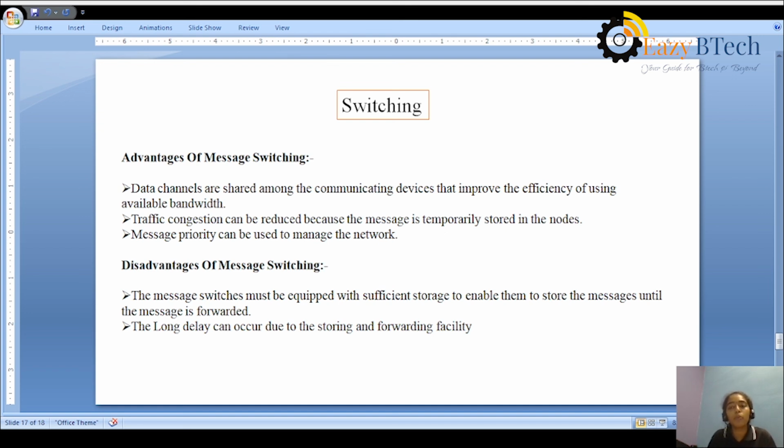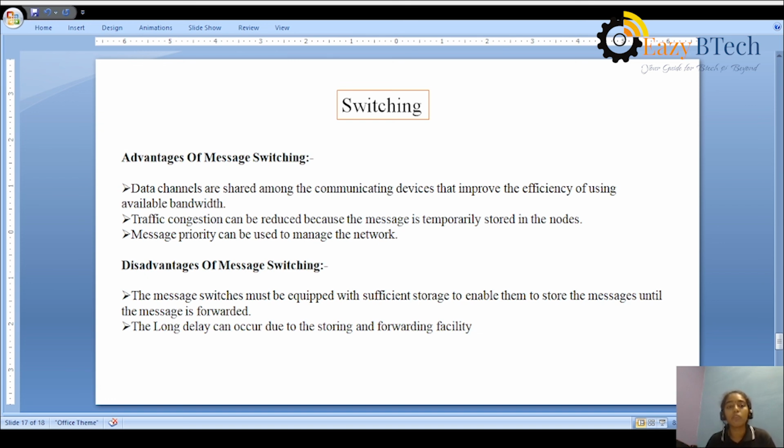Traffic congestion will be reduced because the message is temporarily stored in the nodes. Message priority can be used to manage the network, meaning which message will be communicated first in the network. These are the advantages of message switching.